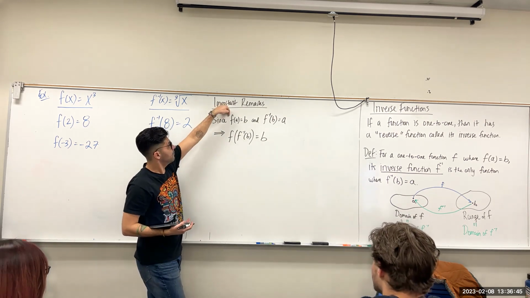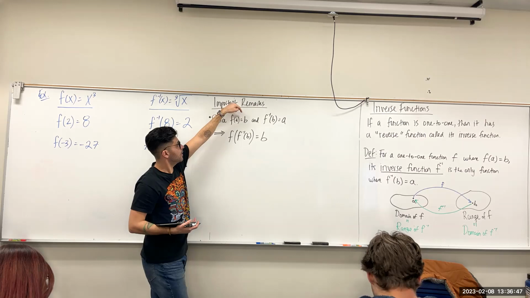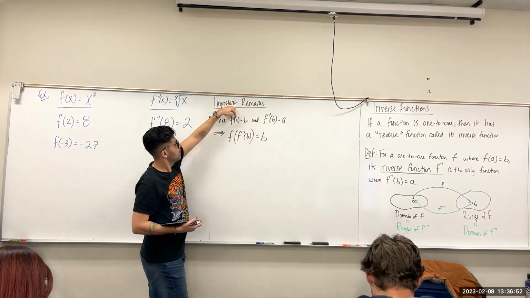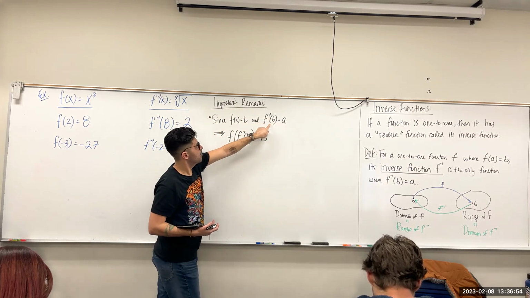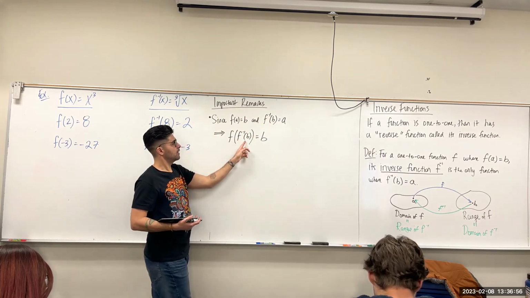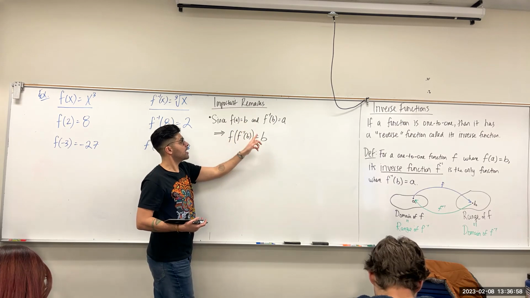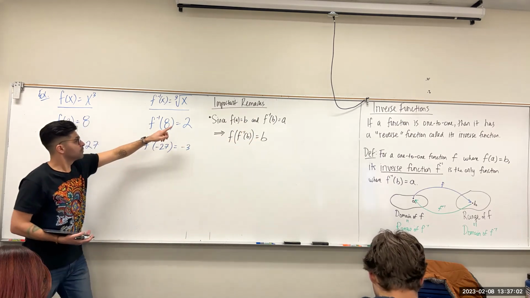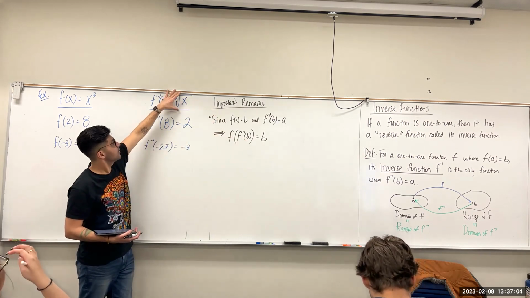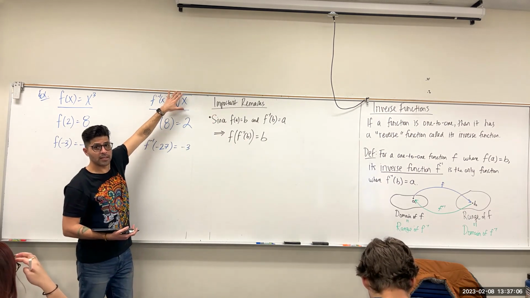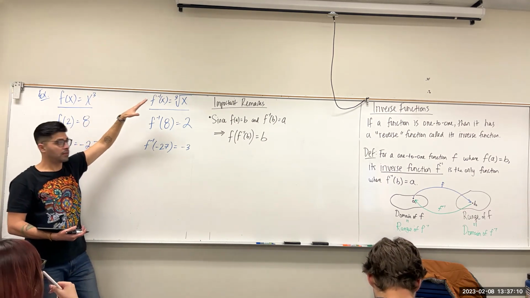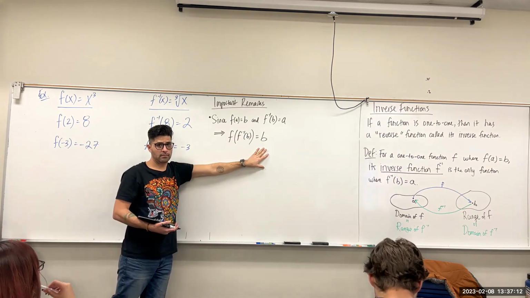Okay. Since F of A equals B, and then we do a reverse with the inverse function, but A is the output of F inverse of B, and this is supposed to equal B. So notice that that's saying that, like this, if I cube root an x, but then I cube it, the operations will undo themselves, and then I'll end up back with x.